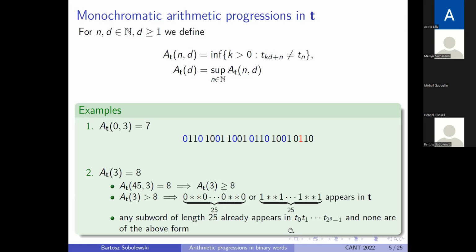So within the first 2 to the power 8 terms, we can find each such word. And one can check by using a computer that none of these words are of the above form. So we indeed get the equality.